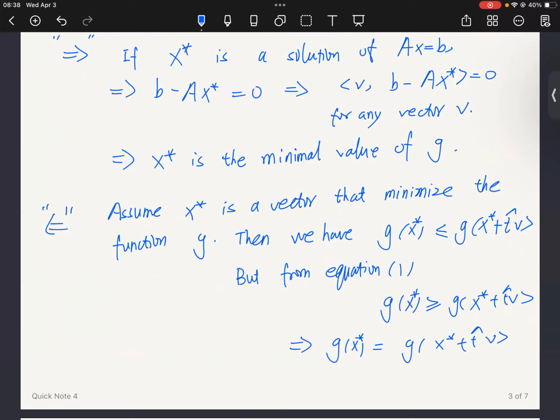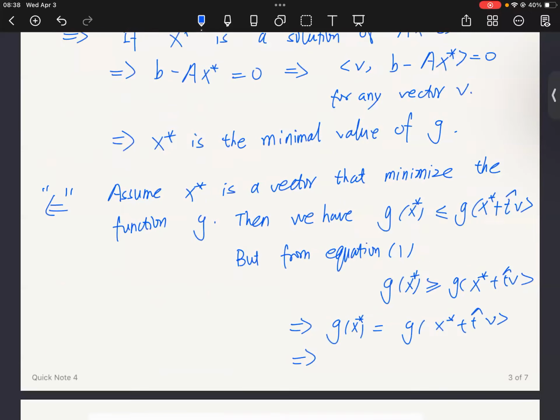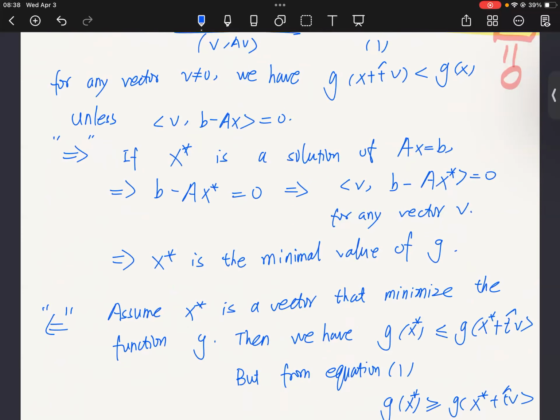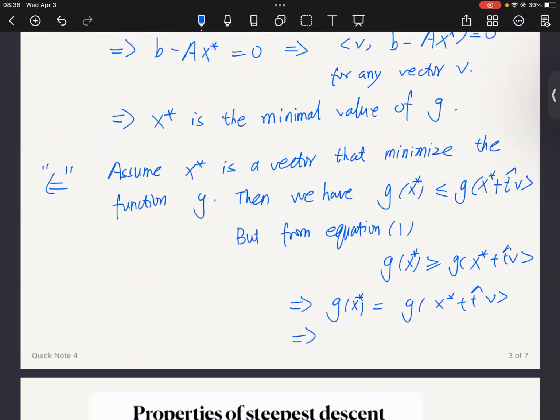And from that equation, it means that this one equals this one, and this means that this one should be 0. And if we want this one to be 0, the only possible case is that this one is equal to 0 for any vector v. This means that v inner product with b minus Ax star equals 0 for any vector v.